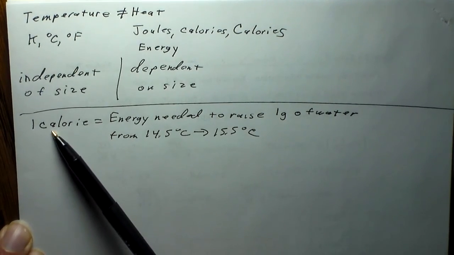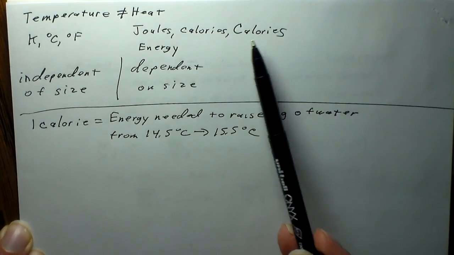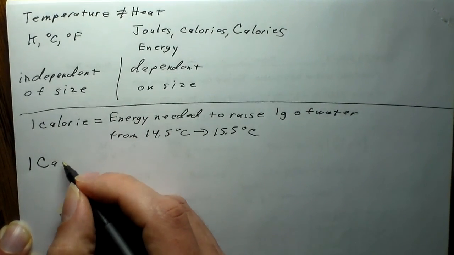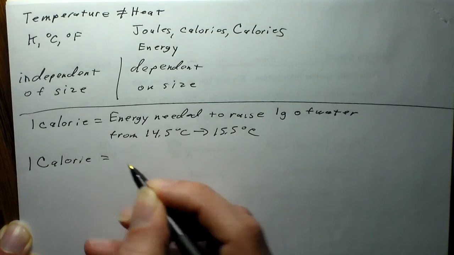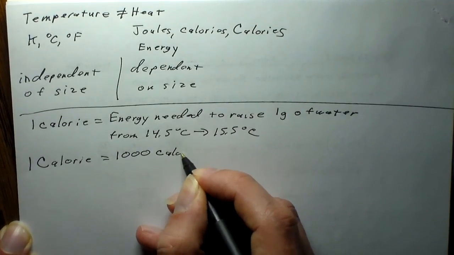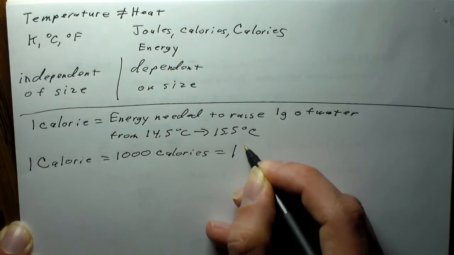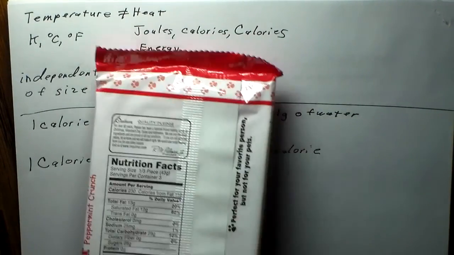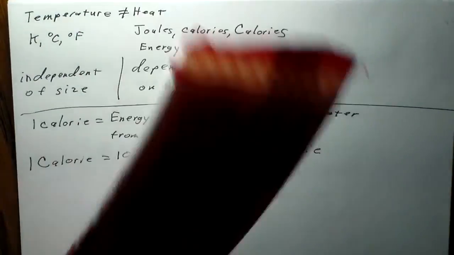All right, now we mentioned here the little calorie and this capital calorie. So the capital calorie right here, which is a food calorie, is actually equal to 1,000 little calories, or we could say 1 kilocalorie. Right. And this is why we call these food calories.